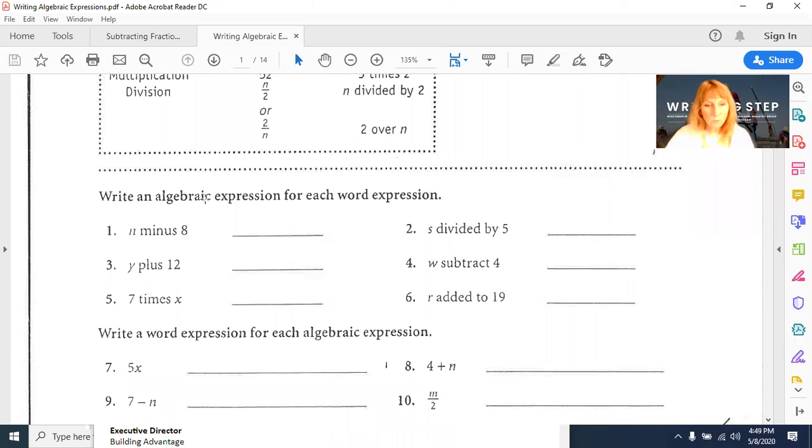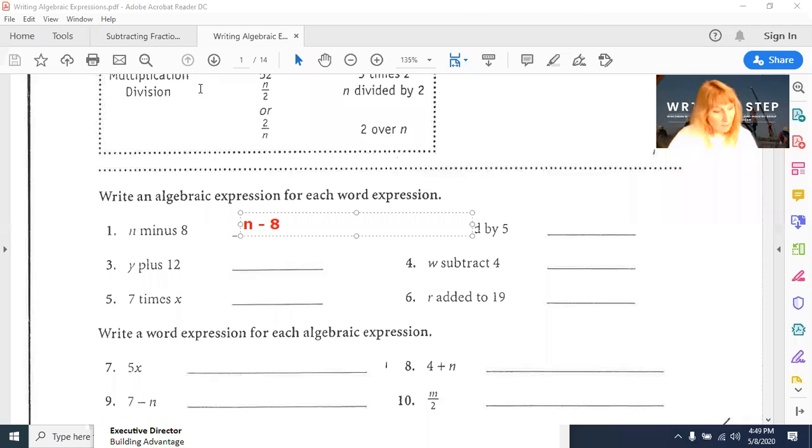So let's start with writing an algebraic expression for each word expression. This is written in words here, and we want to write it in numbers or operations such as adding, subtracting, multiplying, and dividing signs. So n minus 8, write an algebraic expression for that. How would we do that? We would say n minus 8, just like that.